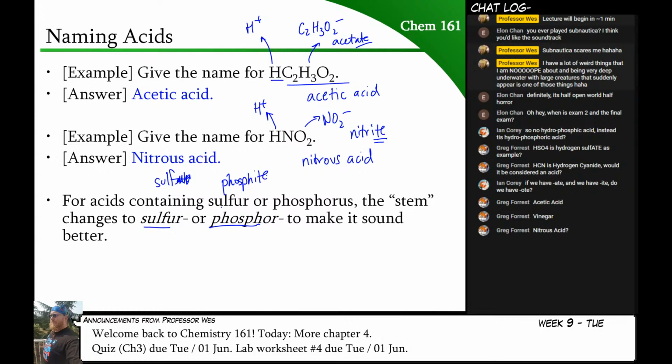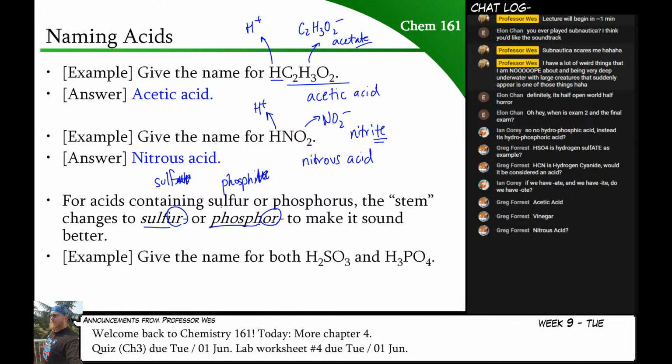If you get rid of that, for some reason we add extra letters. I think it's just to make it sound better, but I'm not the person who made up these rules, so make sure you do that on Canvas. So if I give you these two things, and I say name this, don't name this sulfus acid. Make sure to add the ur so it's sulfurous acid.